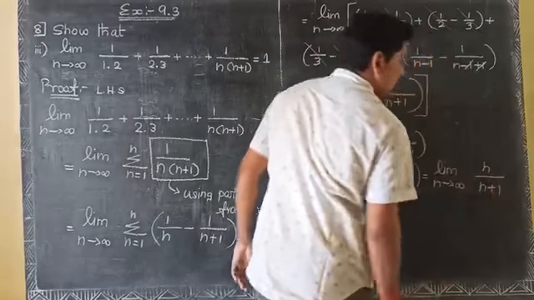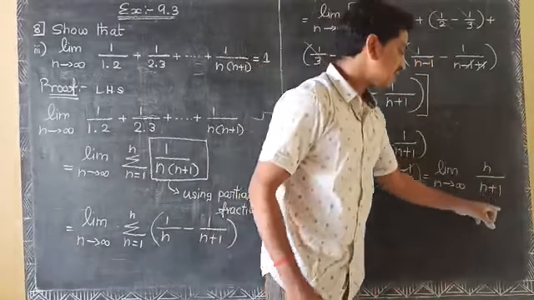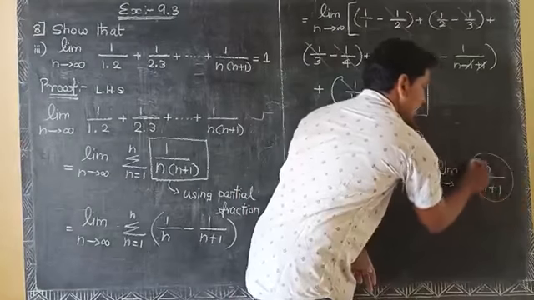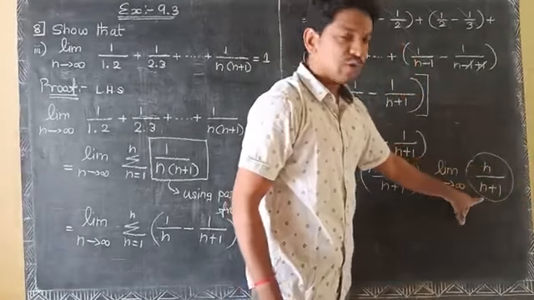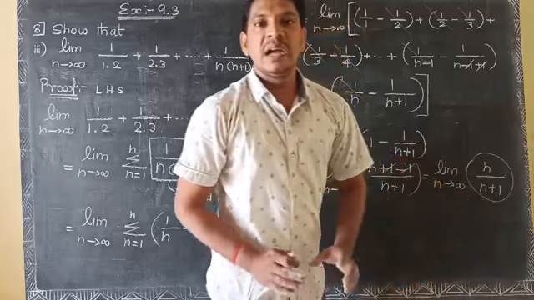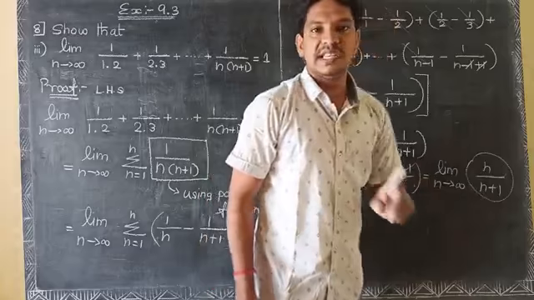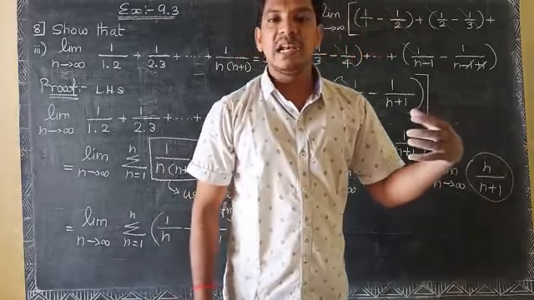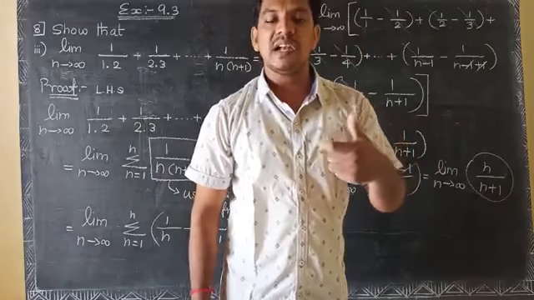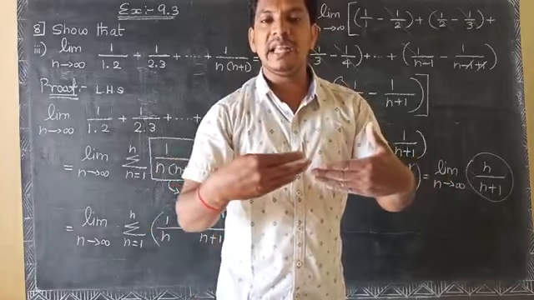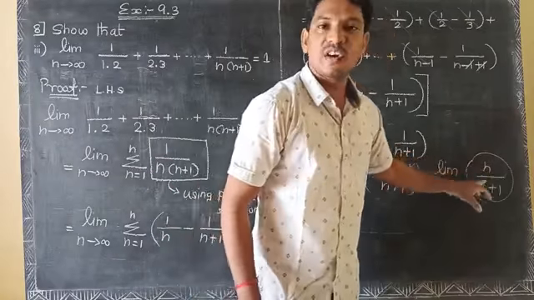Here, this is a rational function. This is p of x, this is q of x. Here the degree of p of x is 1 and the degree of q of x is 1. Then the relation between p of x and q of x is that the degree of p of x is equal to the degree of q of x.